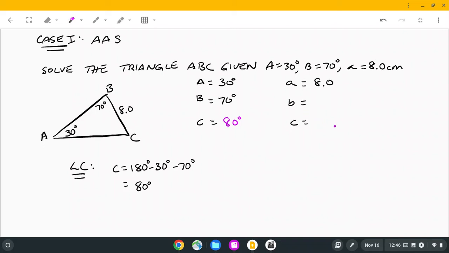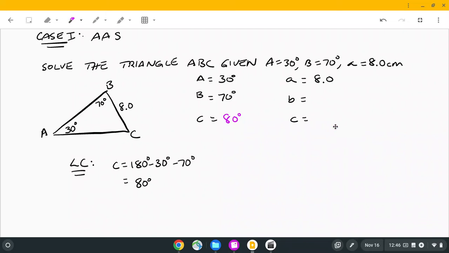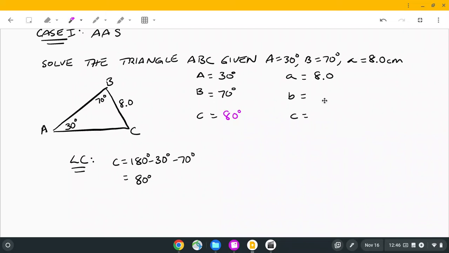Let's do lowercase b. So here, I have 2 A's and a B, so I can use my law of sines.